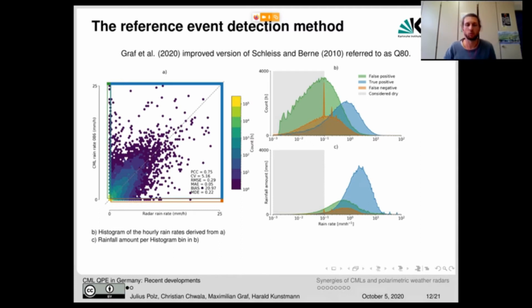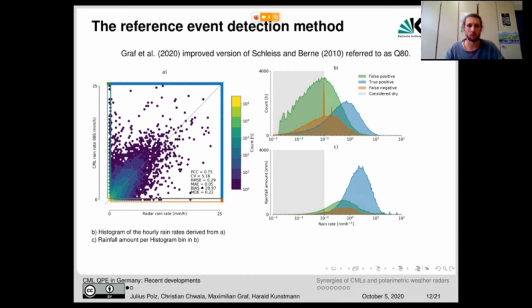So now I'm going to show you how it improved on this reference event detection method, which is an improved version of Schleiss and Berne 2010, which basically uses the standard deviation of the signal to find fluctuations and then tell if there is rain or not.